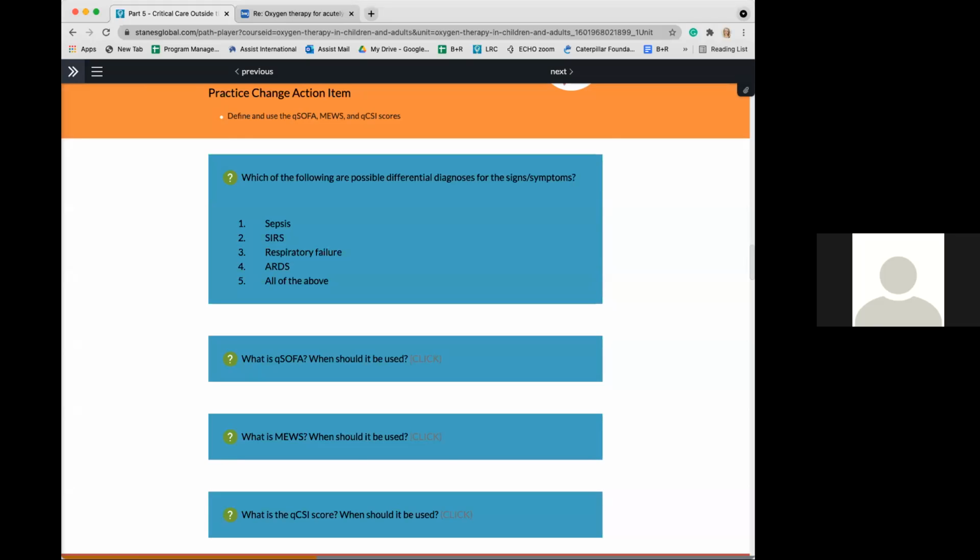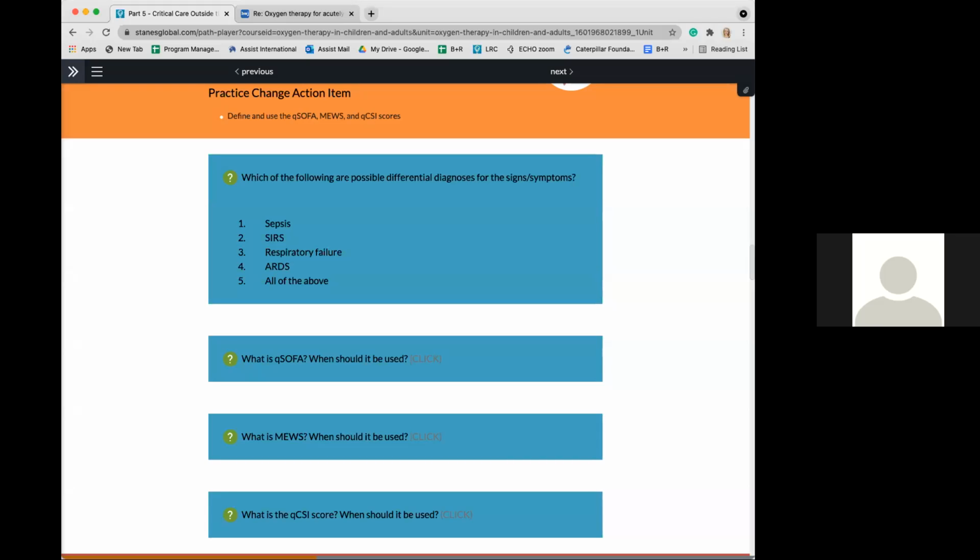So some of the scoring systems that we have will include the qSOFA. The qSOFA is a quick sequential organ failure assessment. So I'll be talking about this in detail briefly. And then we have another example of a scoring system, called the MEWS, the modified early warning scores.